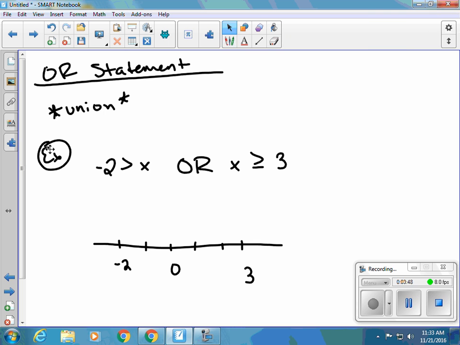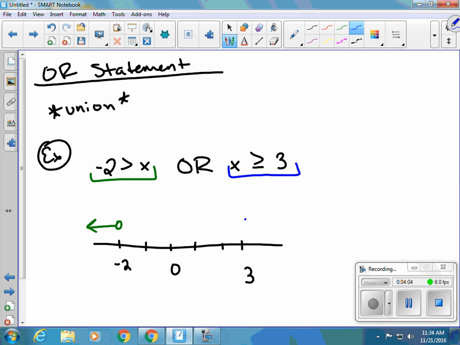If I look at the first one, I'm going to have an open circle at the -2. It's not eating the variable, so I'm going to the left. Or I'm going to have a closed circle at the 3. It's eating the variable, so I go to the right.